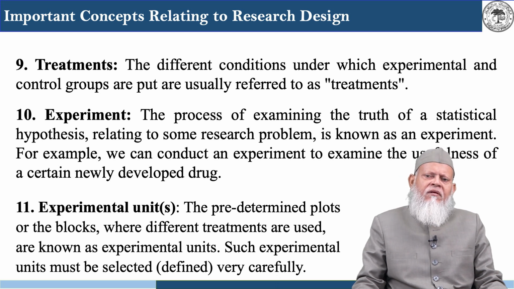If we are introducing a new medicine for diabetes and we are making two groups of patients, one is the control group with normal medicine and another is the experimental group, along with the normal medicine, they have to be given this new medicine.